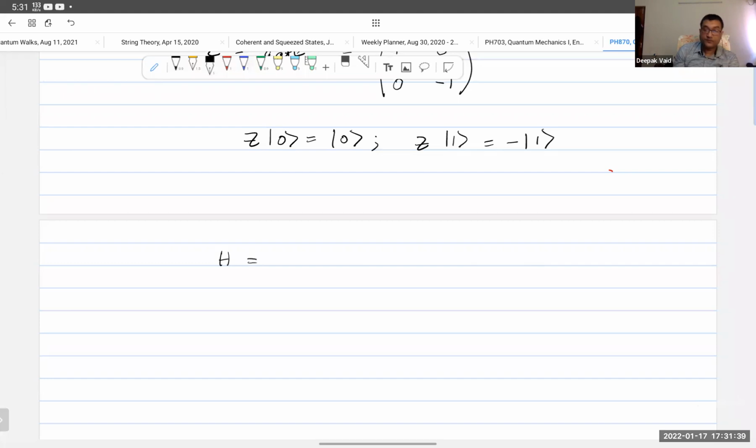Then we have another very important gate. This is called the Hadamard gate, and we'll be using this a lot of the time. What does the Hadamard gate do?